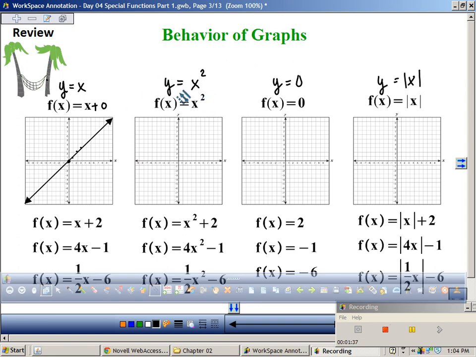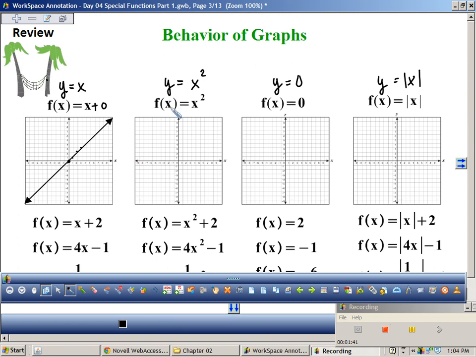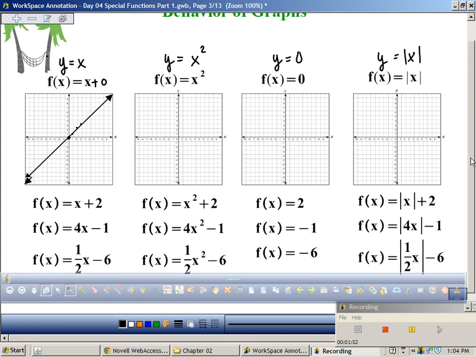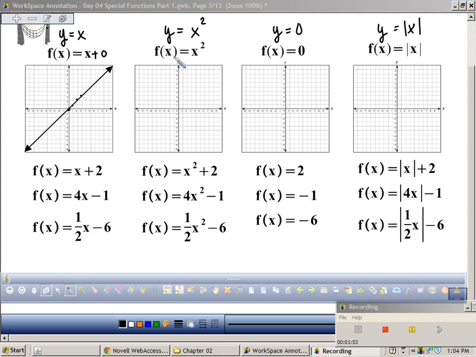All right, let's talk about the next one. What does x squared look like? The function of x squared. It looks like a U, right? It's a parabola. The parent graph is a parabola.